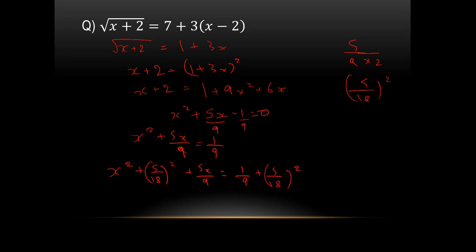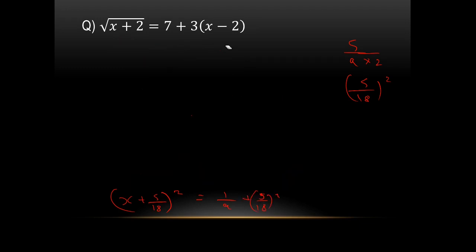We can combine this and rewrite it using the identity as x plus 5 by 18 whole squared equal to 1 by 9 plus 5 by 18 squared. So next we take the values and get x plus 5 by 18 whole squared equal to 1 by 9 plus 25 by 324.